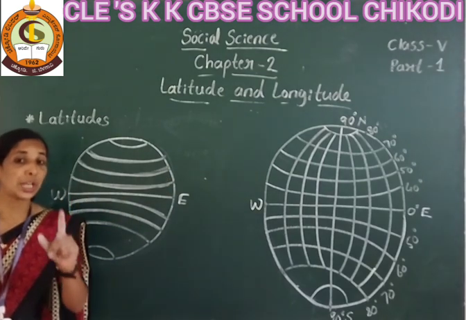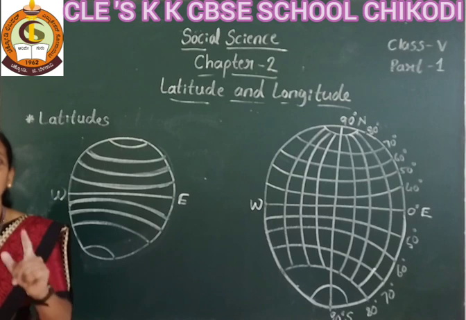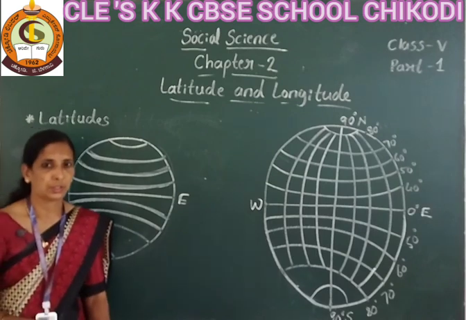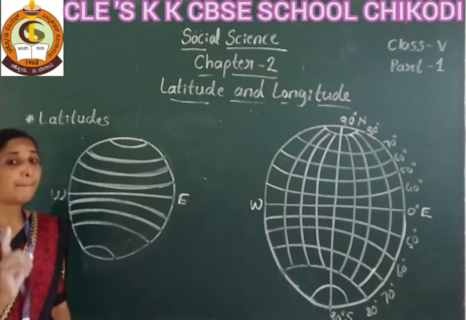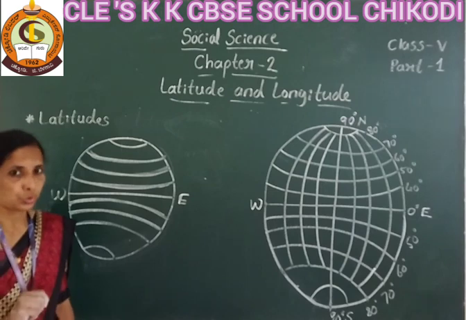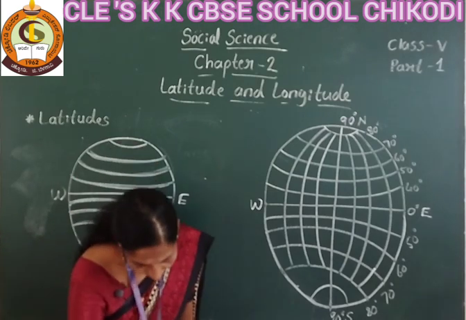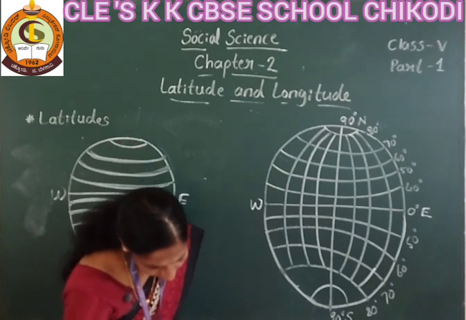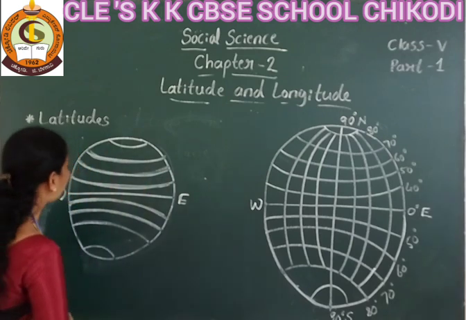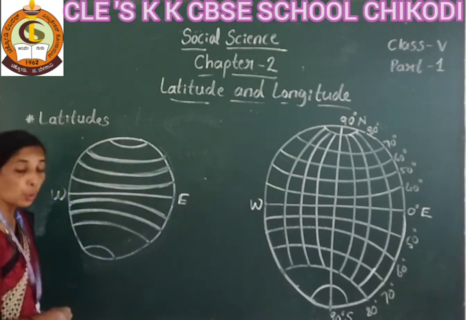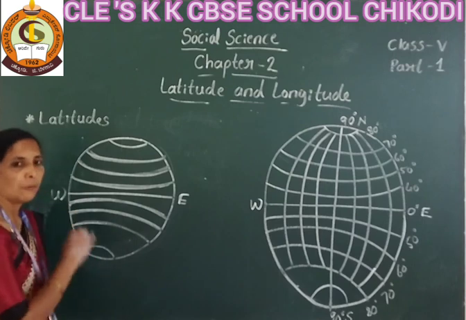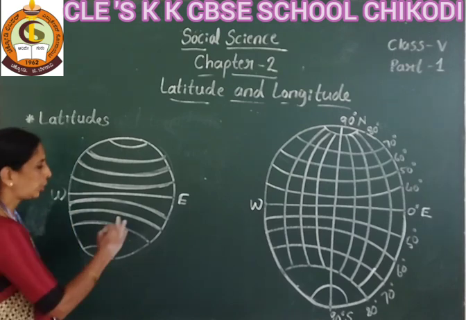The latitudes are also known as parallel latitudes. They run from east to west between the poles.